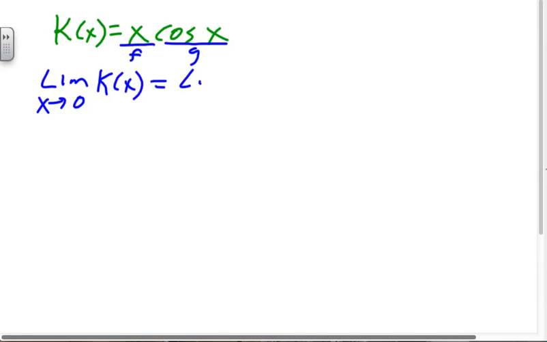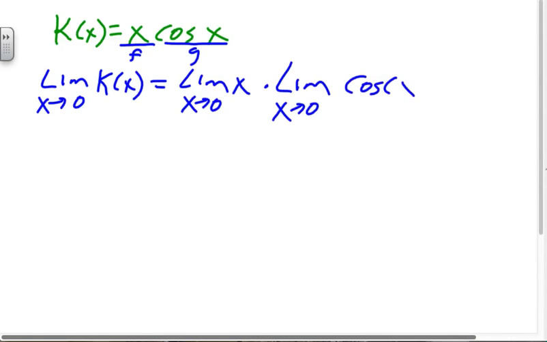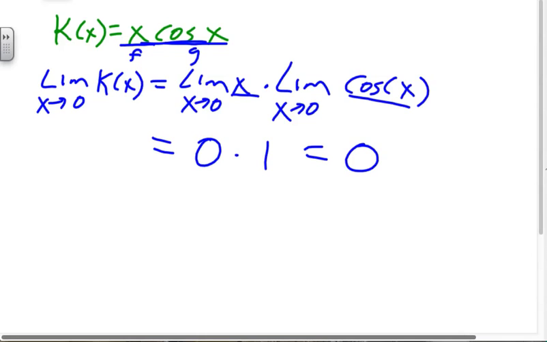So that's going to be the limit as x goes to 0 of x times the limit as x goes to 0 of cosine of x. That's 0, that's 1. So we've got another 0 limit here. You could graph this and prove it to yourself. Also graph each one of these individually and look at what their limits are. Okay.